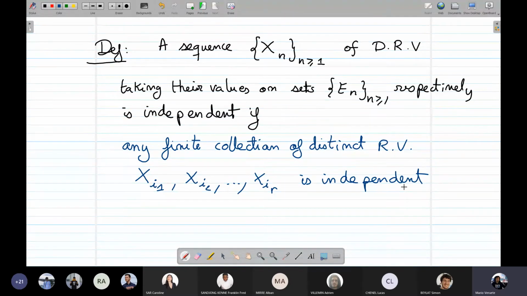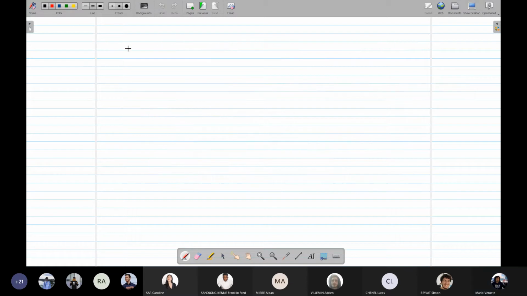Now, there's a very important word you will meet, maybe 1 million times in your life, if not more: IID, independent, identically distributed. In French, it is indépendante, identiquement distribuée.